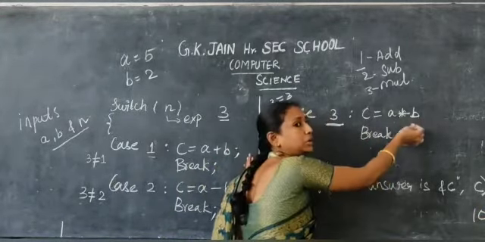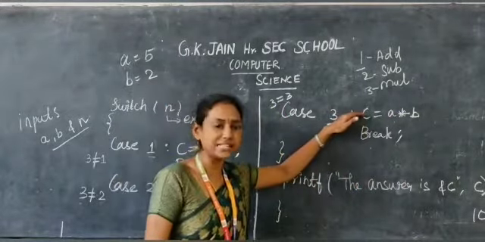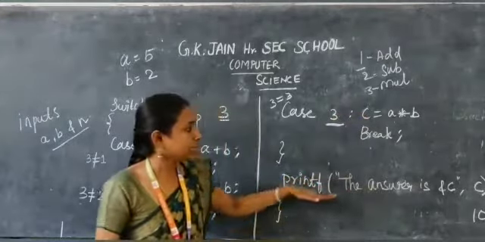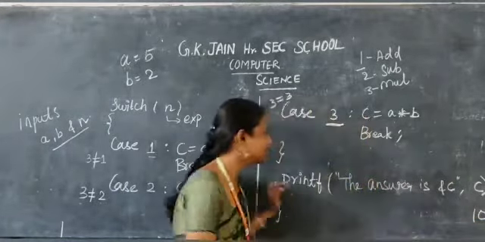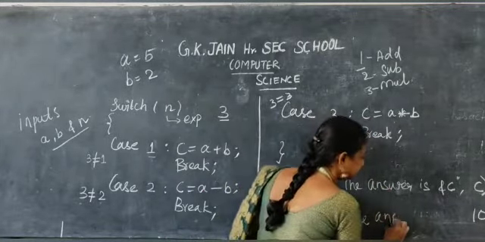So 5 and 2 will be multiplied together and it will save the result in the C variable, and when we are calling the C variable, it will print the value. So the answer, 10, will be printed.